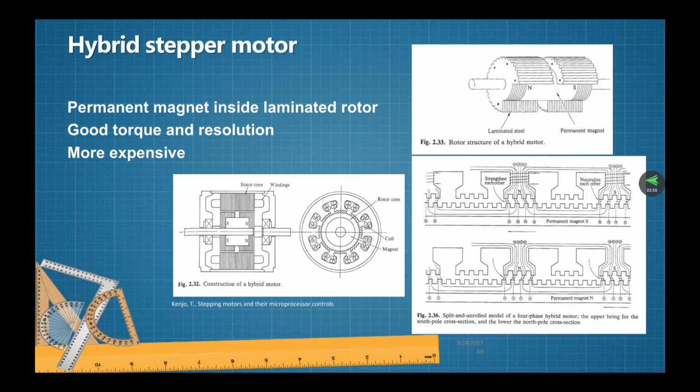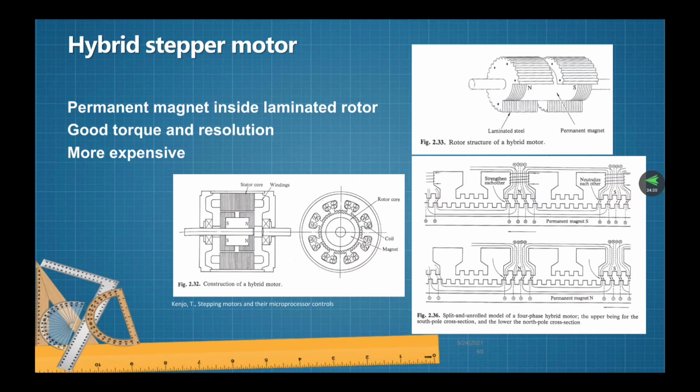It has a small step size like the VR stepper, and more torque with less power like the permanent magnet stepper. So now we have a hybrid motor that shows some resistance when rotated without power, therefore it holds the position also without power.